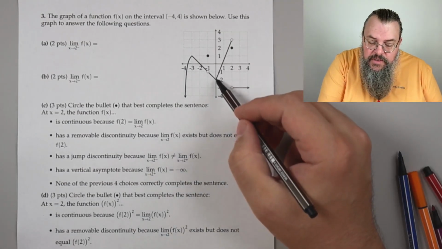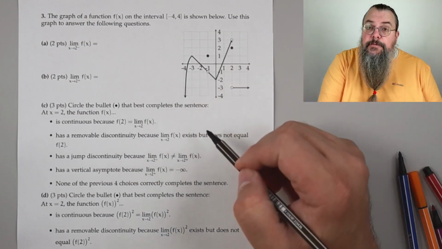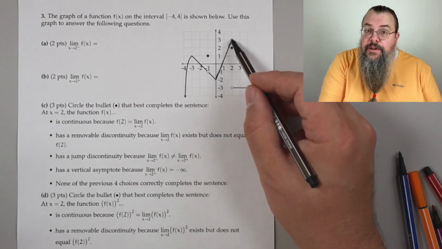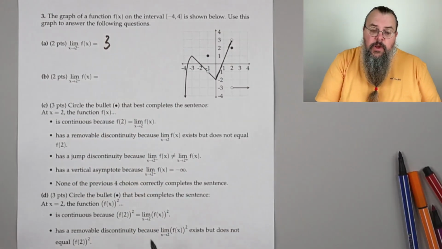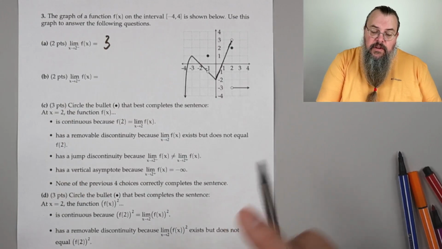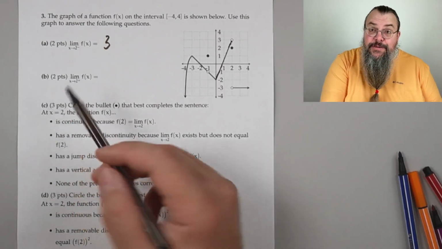Well, so we follow the function. We say, well, we think it should be 3, right? Because it's heading towards that point. So we have 3. Part B: the limit as x approaches 2 from above of f of x. Now, see above, that's the plus sign, from the positive direction or from the right.